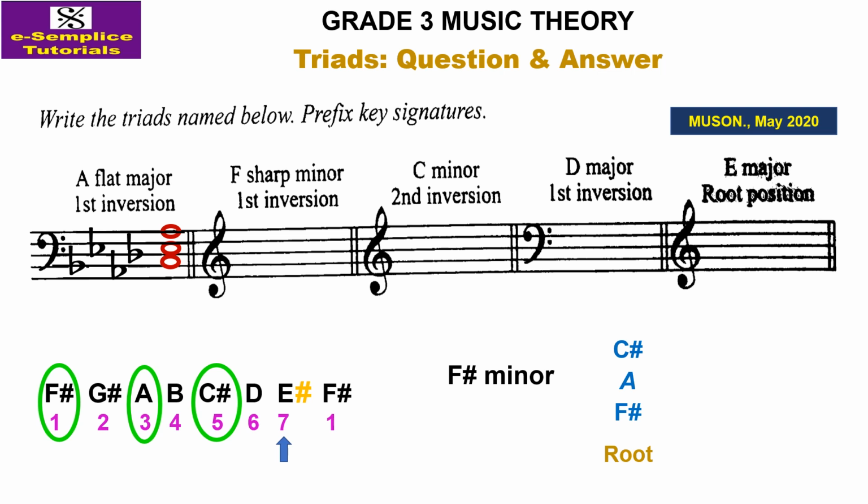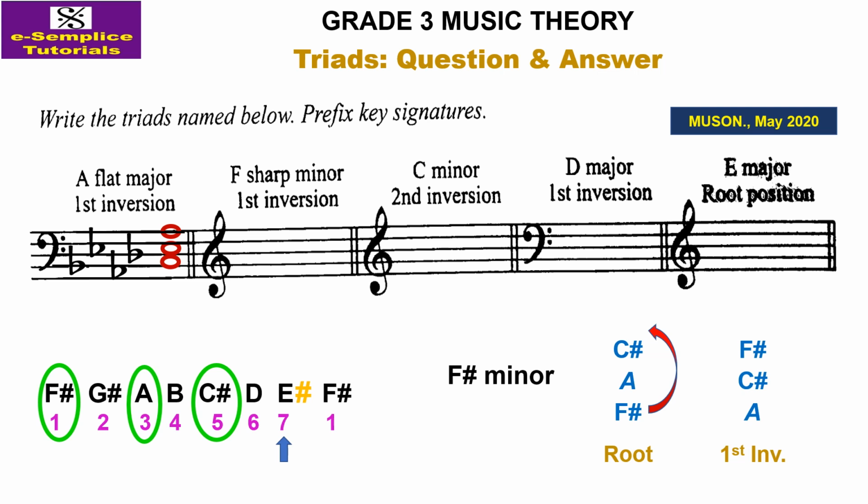Stack, you have root position. We are actually looking for first inversion. So F sharp goes up, and we now have first inversion. A, C sharp, and F.